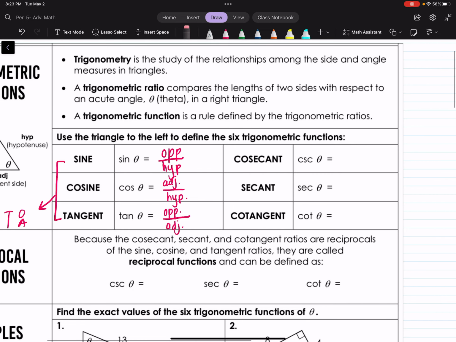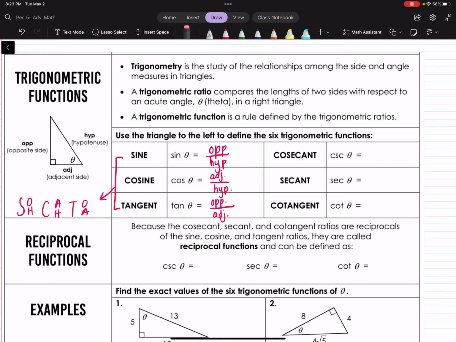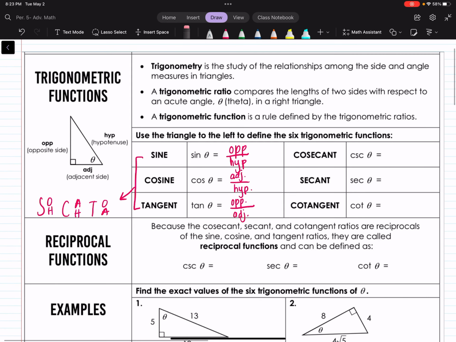Okay, now what are these other ones? Cosecant, secant, and cotangent. Well, those are actually defined as what we call the reciprocal of the function that's given to it on the left. So cosecant is defined to be the reciprocal function to sine. That means that the cosecant of theta would be defined as the hypotenuse over the opposite. So literally what I did was I took the sine function and I just flipped it.